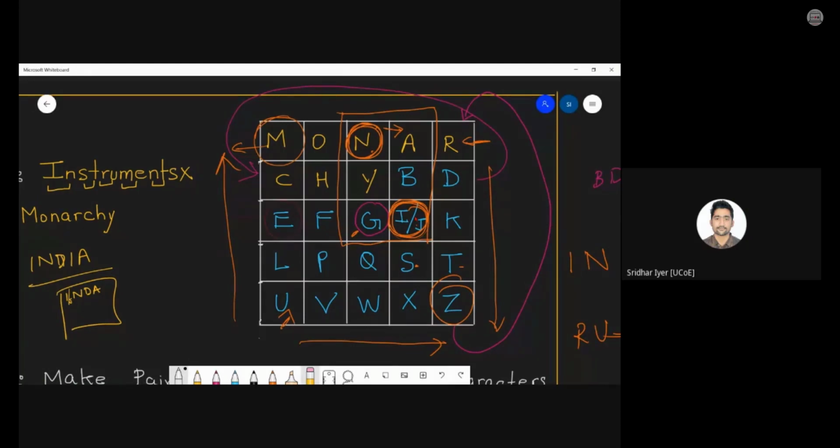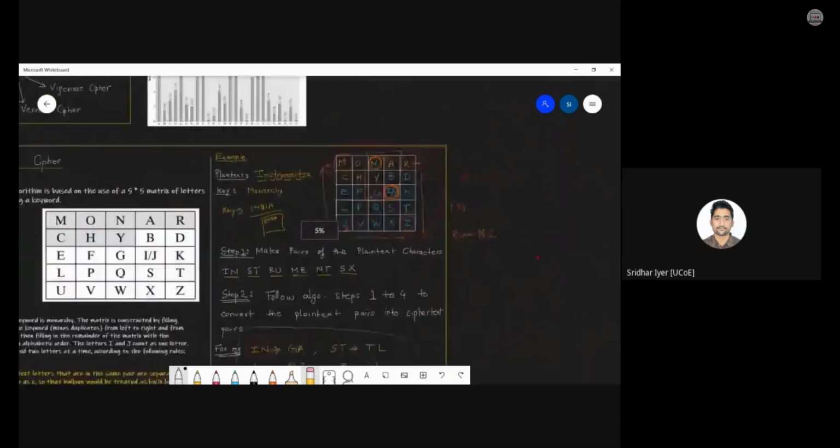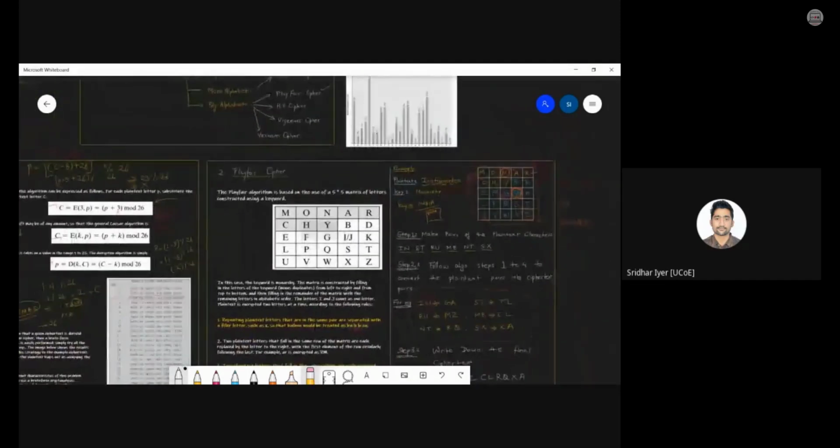So there should not be any case of any extra character or any free space, because there won't be any free space and there won't be any extra characters if you arrange them properly. The main point is you must not repeat the characters again and again. If it is written once, that's it. You can't enter it again in the box. Is it clear? These are the basics of Playfair cipher and Caesar cipher.